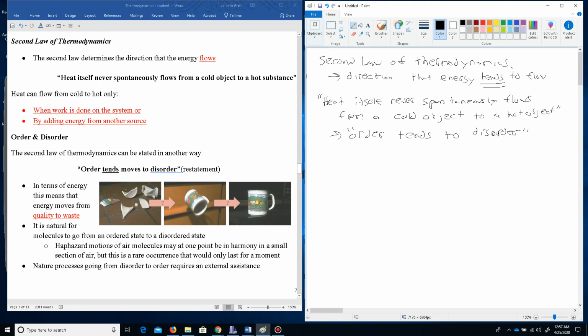So, as we see in this picture, normally we don't look at something like a broken glass being put onto a shelf and being put onto the shelf where it's perfectly intact. That usually doesn't happen. Most of the time, it goes the opposite. Glass is on the shelf, gets knocked off by a kid, and breaks. If you have kids, this always happens.